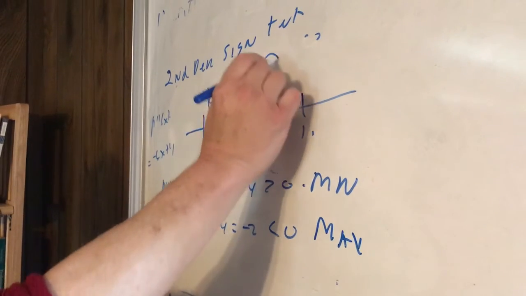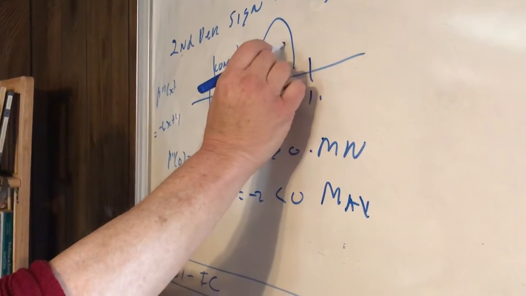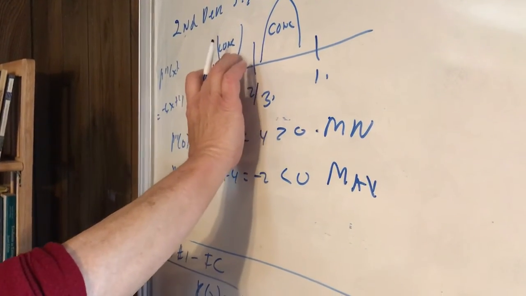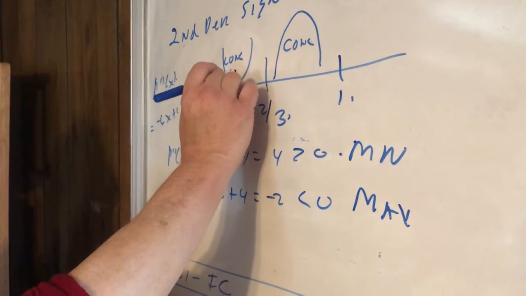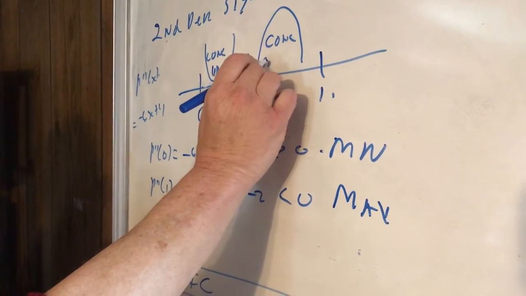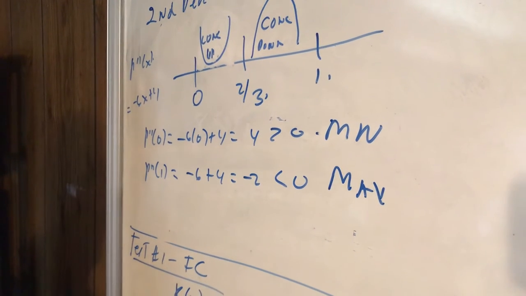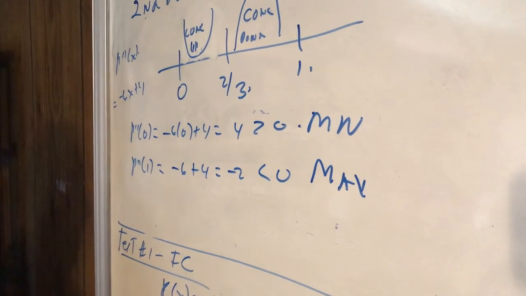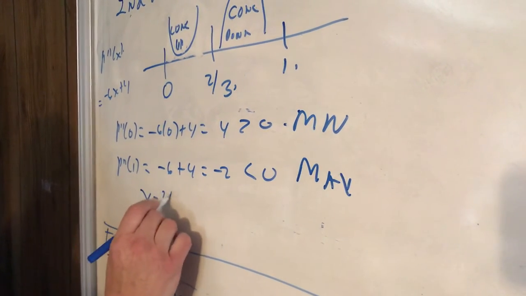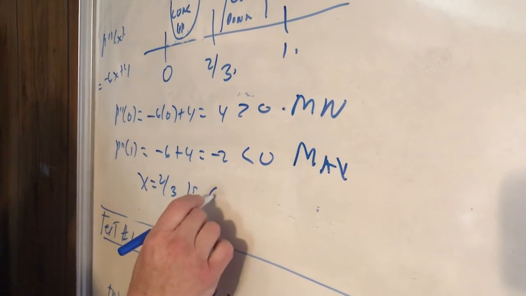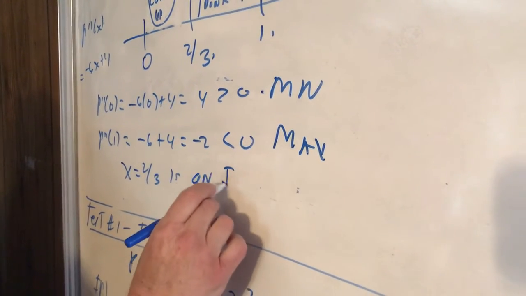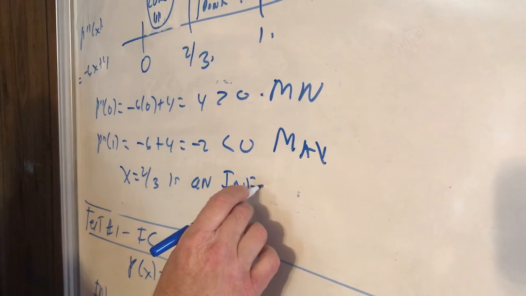That's going to be concave down. So yes, it is. So x equals 2/3 is an inflection point because we get a change in concavity around that point.